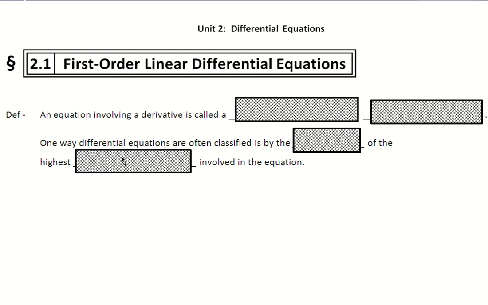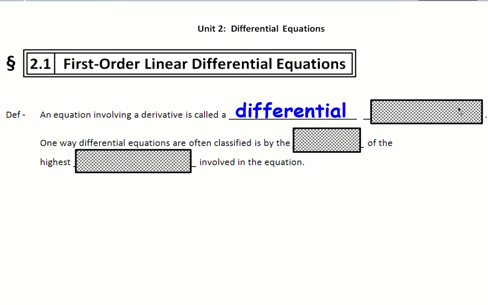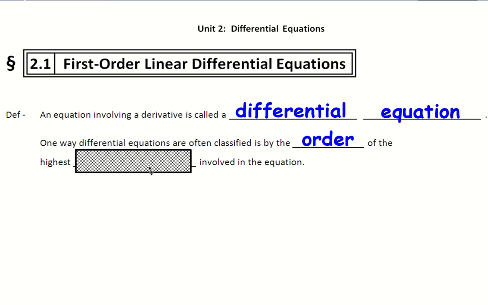Let's get going. So, a little definition to start. An equation involving a derivative is called a differential equation. That's what a differential equation is, just an equation that involves a derivative. And one way differential equations are often classified is by the order of the highest derivative involved in the equation.